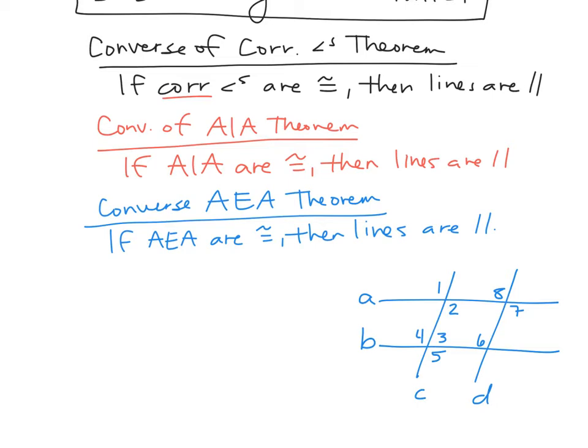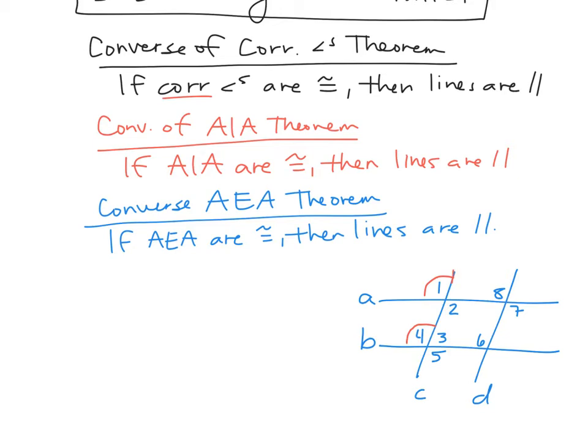If they tell us right now that angle 1 is congruent to angle 4, what kind of angles are those? Those are corresponding, okay? So the converse of corresponding says if corresponding angles are congruent, then what? The lines are parallel. So which lines are parallel right now? A and B, right?